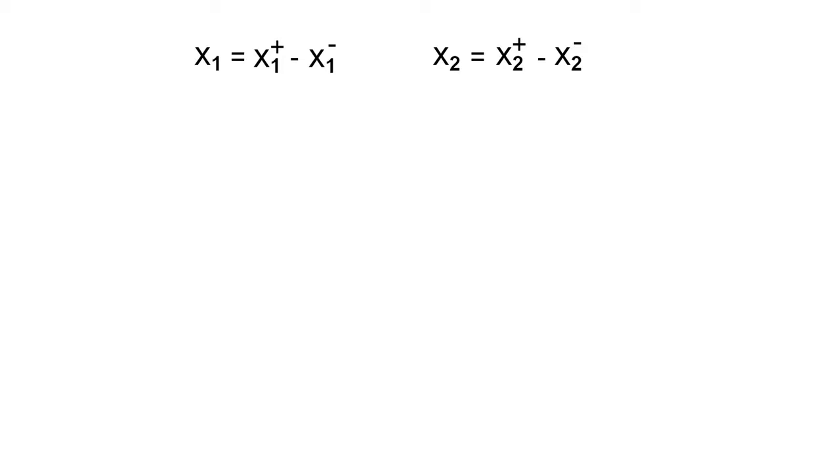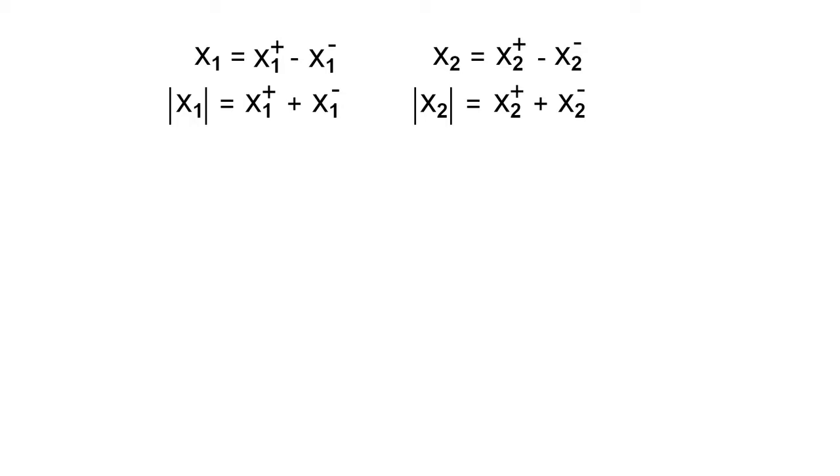And then we also transform the absolute value of x1 into a sum of these variables, x1 plus plus x1 minus, and the absolute value of x2 into the sum of x2 plus and x2 minus. From here, we now substitute these equations into our original LP formulation.